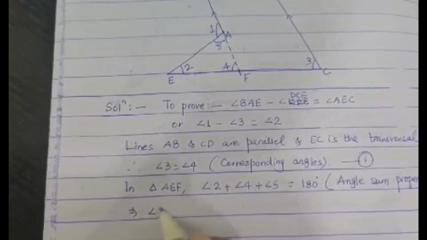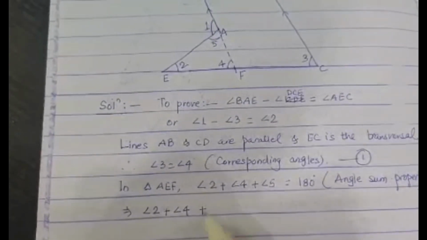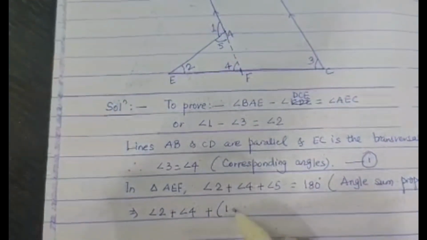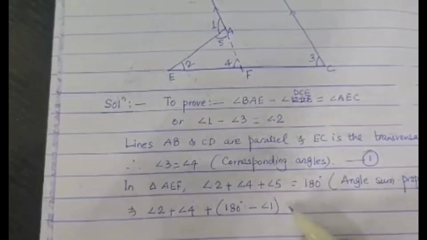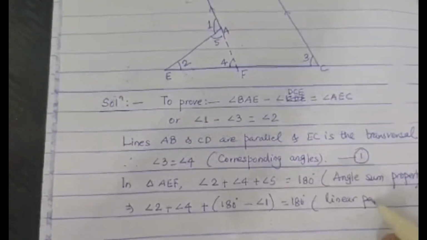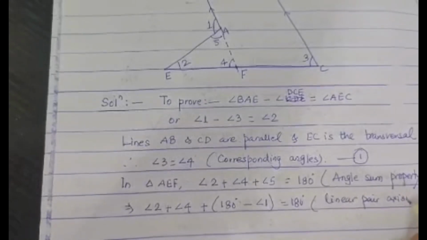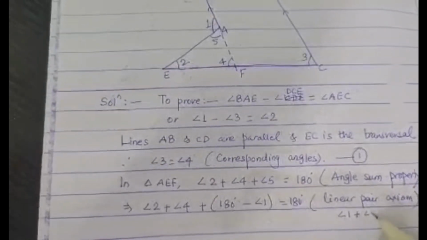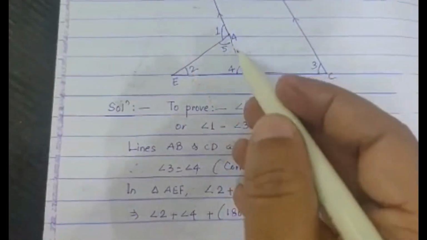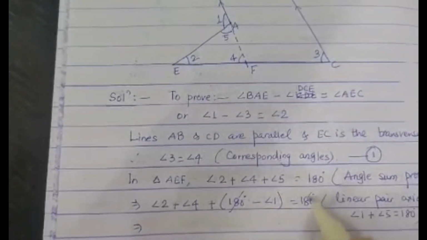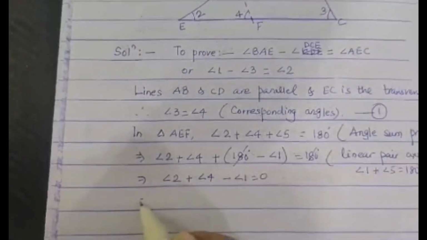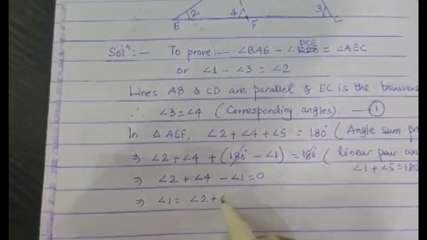Now this angle 2 plus angle 4 we will keep it like this, but this angle 5 we will write as 180 degree minus angle 1. Why? Because the linear pair axiom says that angle 1 plus angle 5 equal to 180 degree. So we can write angle 5 equal to 180 minus angle 1. Okay. This implies this 180 will cancel out. Angle 2 plus angle 4 minus angle 1 equal to 0, or you can write angle 1 equal to angle 2 plus angle 4 like this.